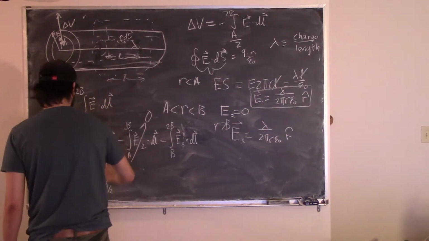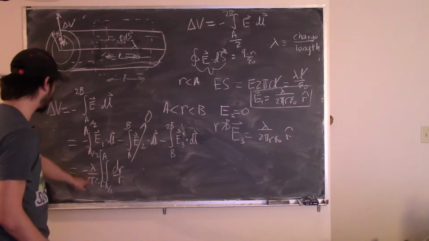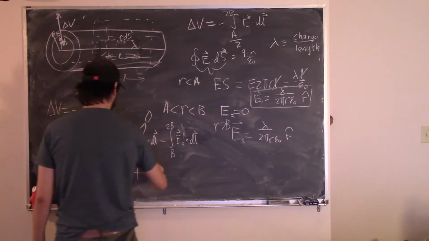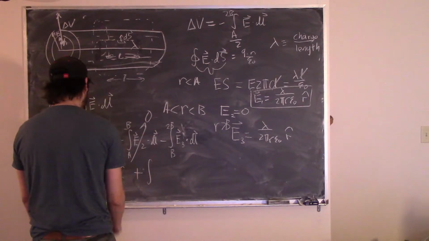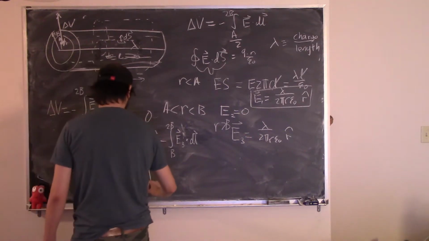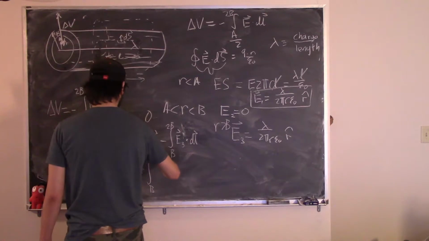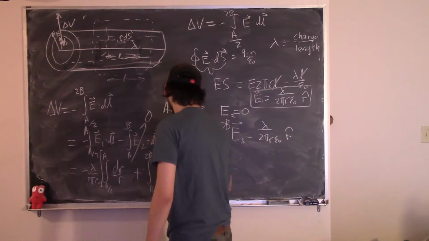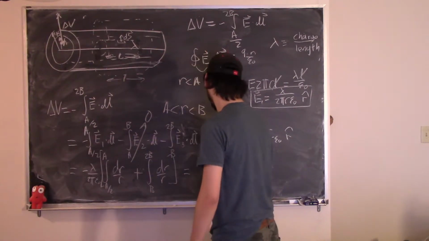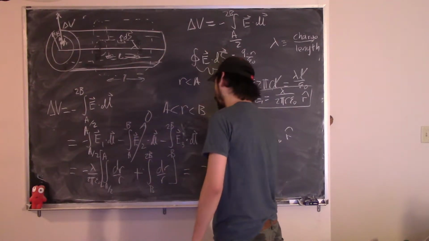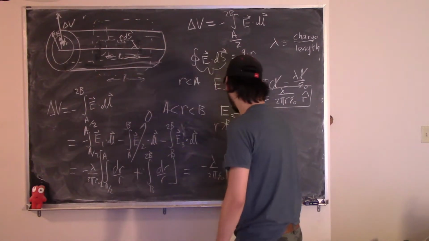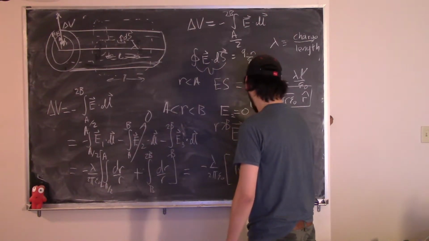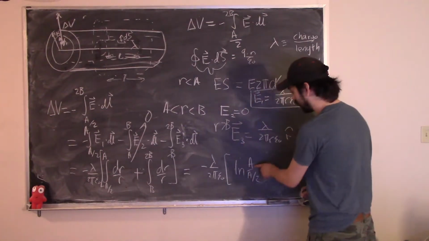And this minus lambda divided by 2 pi epsilon naught is going to be common to both integrals, so we can factor it out. The other is the integral from b to 2b of dr over r. So this is going to give me minus lambda divided by 2 pi epsilon naught times the natural log of a divided by a over 2.